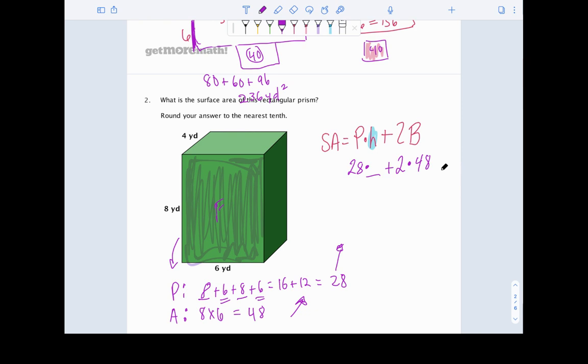The only number I haven't used so far is this one over here, and that is connecting the two bases, the front and the back, and so that is going to be 4. Okay, so 28 times 4 plus 2 times 48, and you guys have your different ways to do your math, so you get 208.